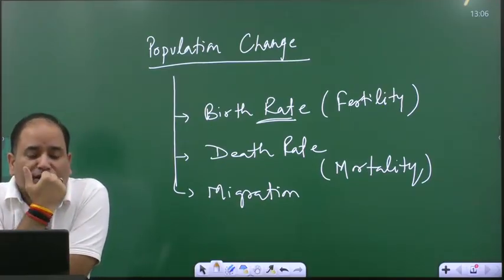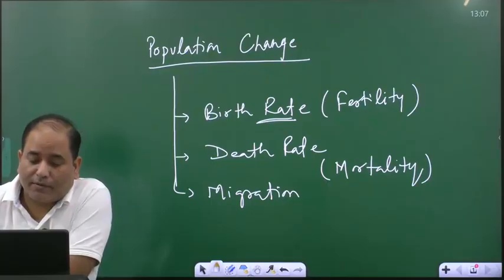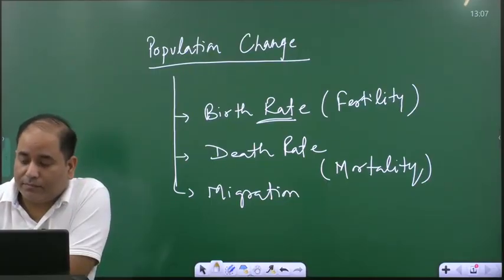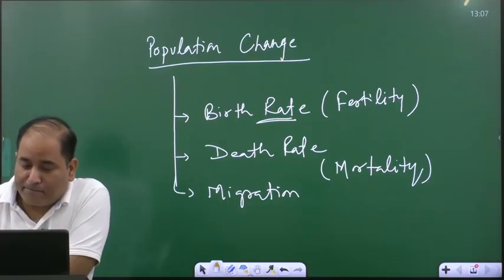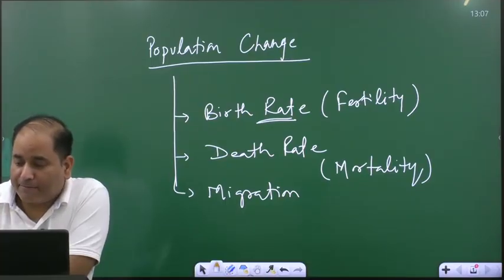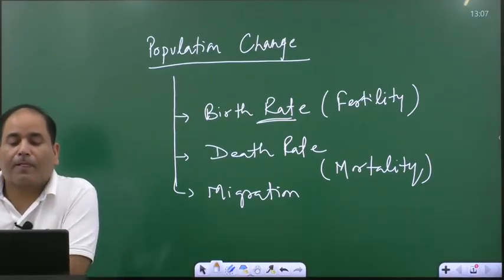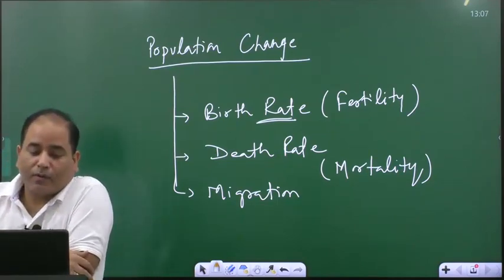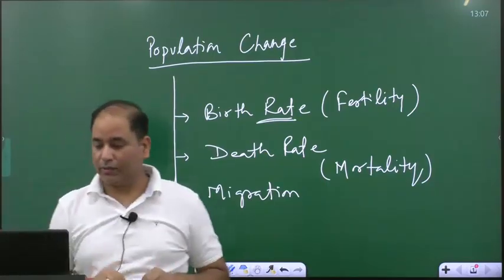Some of the social disasters, quickly noted down: earthquakes, volcanoes, tropical cyclones, changes in pattern of rainfall, frequent floods, frequent droughts. Alright, so these are the factors.